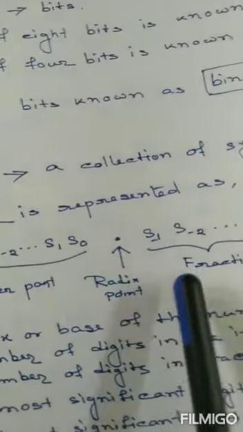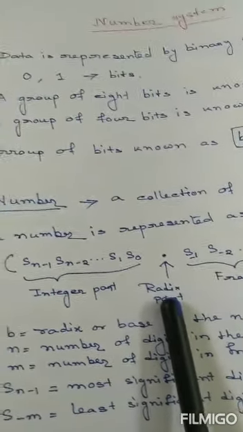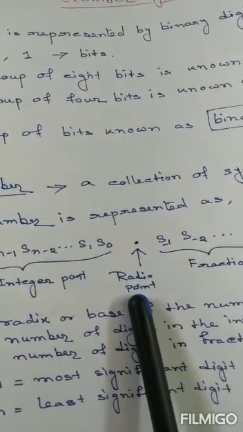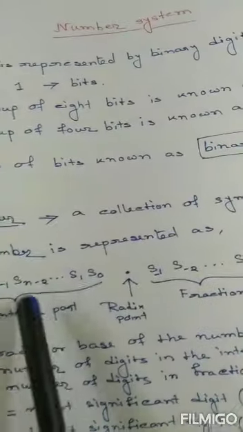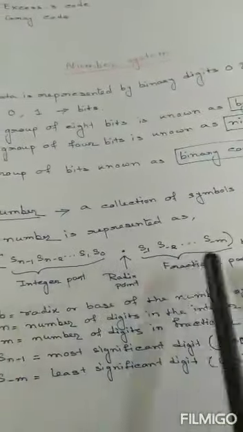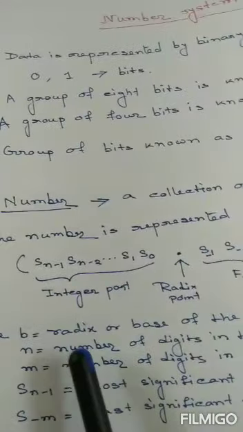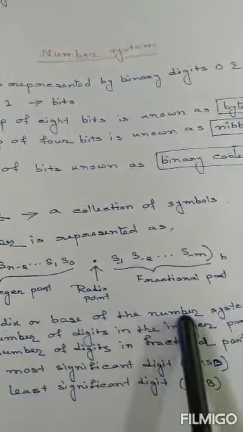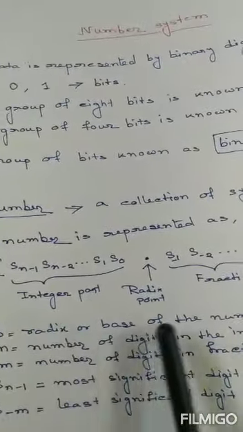This is called the radix point. The number is written within brackets, and there is a B written, which denotes the base of the number system.